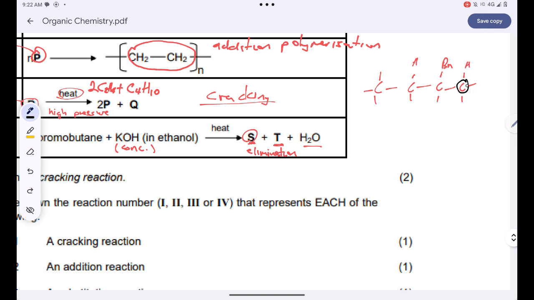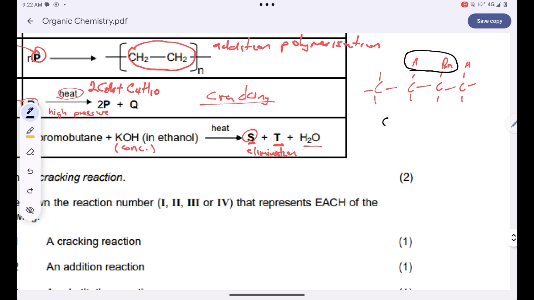So this carbon over here at the terminal has 3 hydrogens. Are you together? But that carbon over here only has 2 hydrogens. So I must just remove the hydrogen from the carbon with the least number of hydrogen atoms. So I will just eliminate these over there.